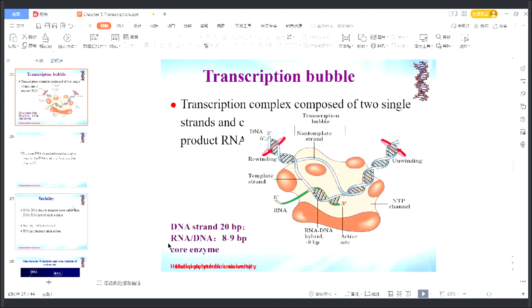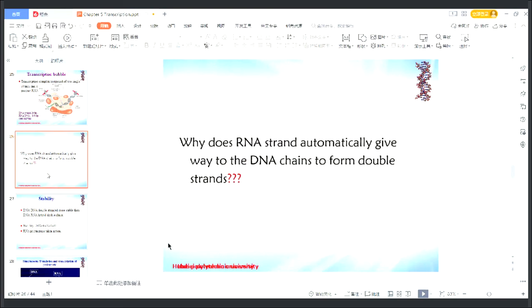And here, from this figure, from this PPT, maybe some students think, why, when synthesizing the RNA, does the RNA strand autonomously divide from the template of the DNA strand? Why? I asked the students to answer this during the final examination.